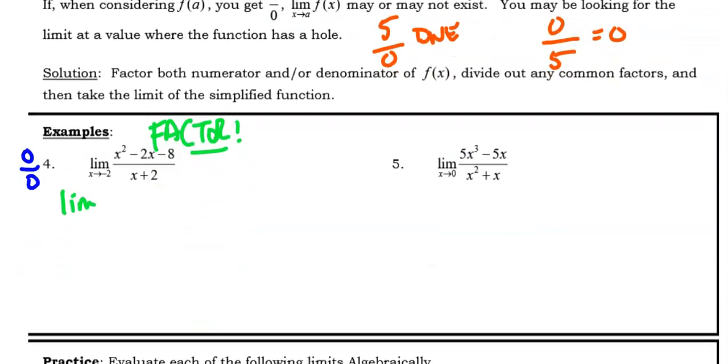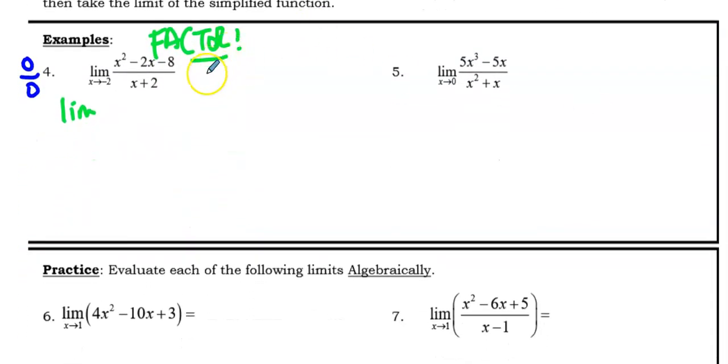But if you are going to start manipulating your function, you have to keep this notation. If you just wrote the factored form here and not this, then you've lost the integrity of the problem, and x could be anything.